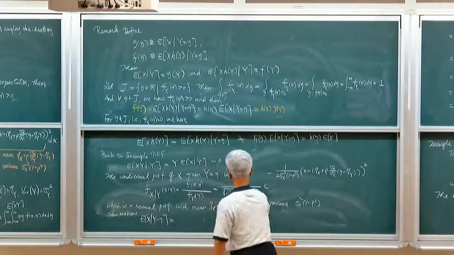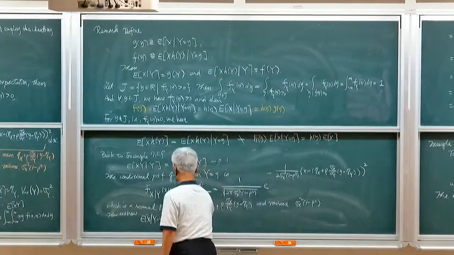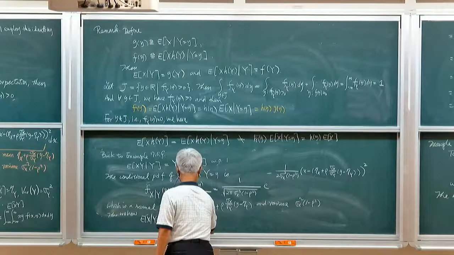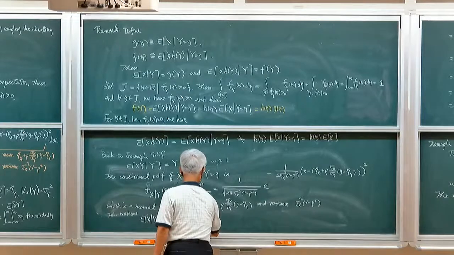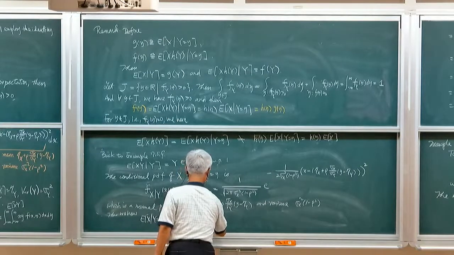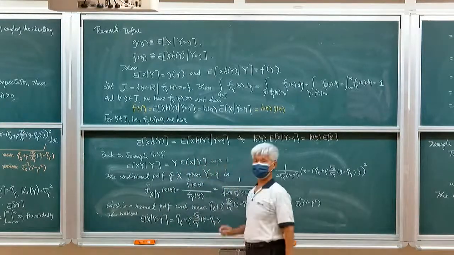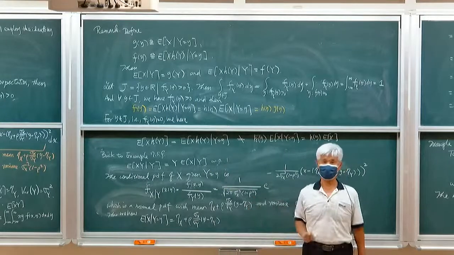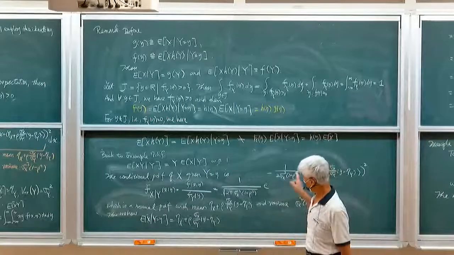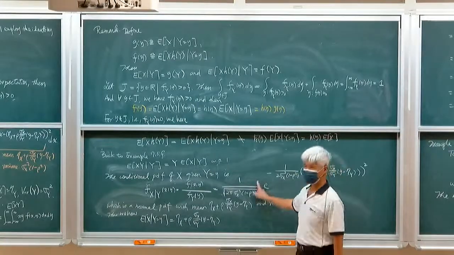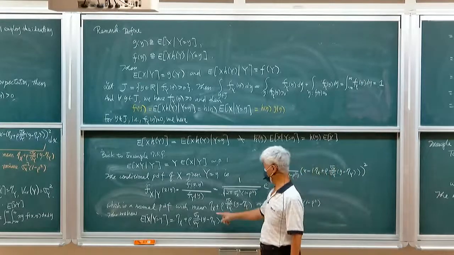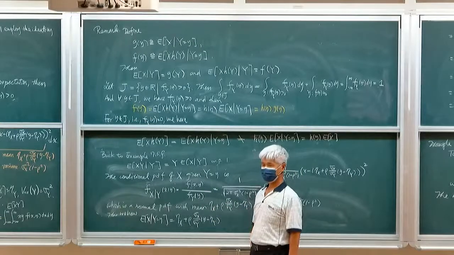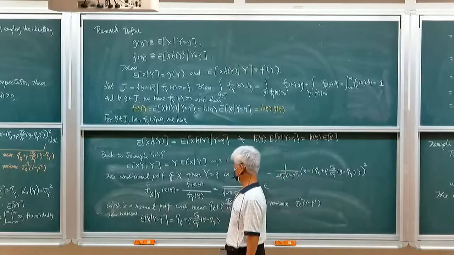So that is this one. We don't need to compute it. We just look at it to identify it's a normal PDF, then we already know what the mean is. So the mean is this one.